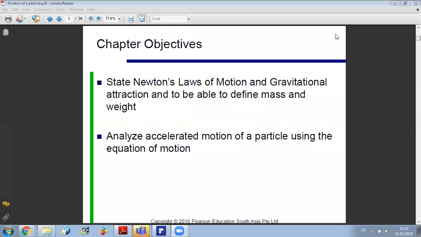So I will start. We will start today a new chapter, which is chapter 13, which considers the kinetics of a particle. In the previous chapter, we considered kinematics of a particle, which involves the position, velocity, acceleration, and the relation with time and between each other.